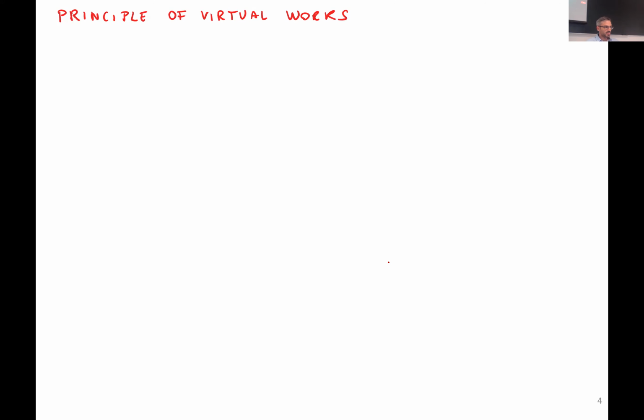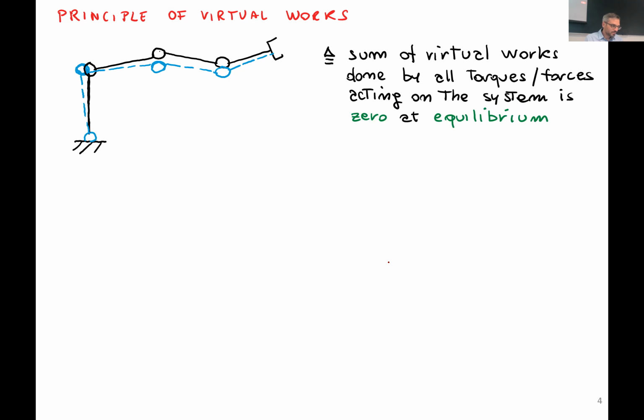Now let's define the principle of virtual work, that is the main ingredient in statics. And the principle of virtual work claims that the sum of the virtual work done by all the torques or forces acting on the system is zero at the static equilibrium.